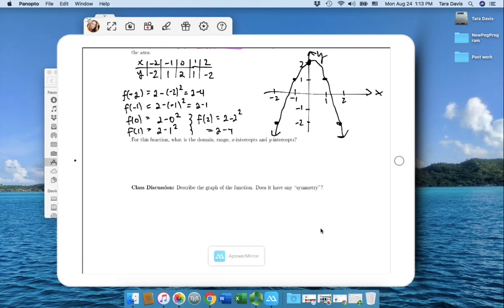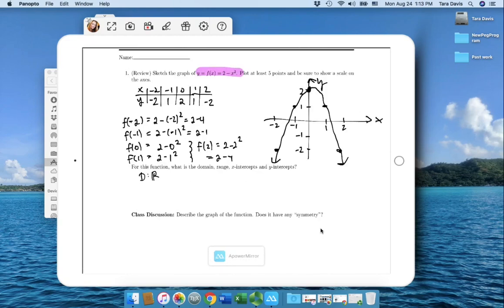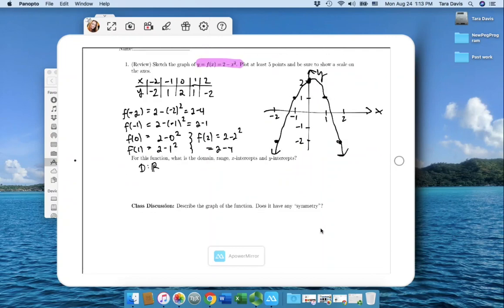And so the next question is, just for this function, what's the domain, range, the x-intercepts, and the y-intercepts? So the domain is all real numbers, because I can plug any value in for x, and the range is only the y values that are coming out.